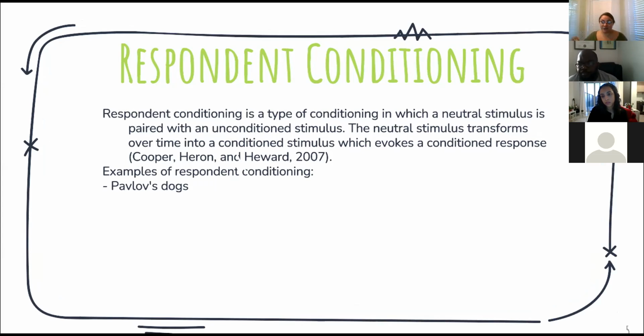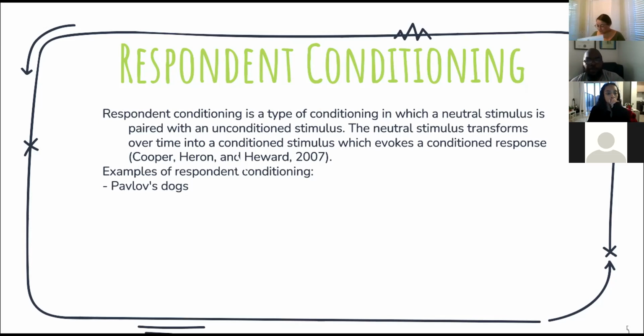And then the other one, operant conditioning, is what we use, based off manipulating the consequence or manipulating the environment using positive or negative reinforcement. Yeah. So now let's talk about the neutral stimulus and unconditioned stimulus. Okay.